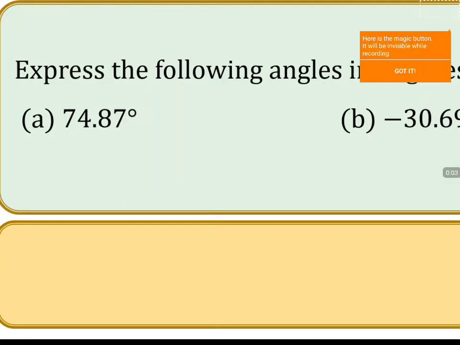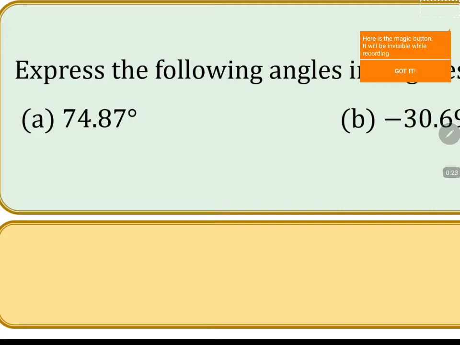In this problem, we have to express the angles in radians and degrees and minutes and seconds. Already 74 degrees is there. We have to take care of the 0.87.